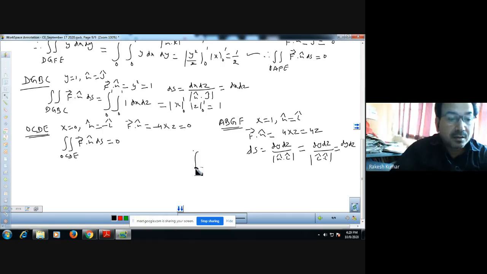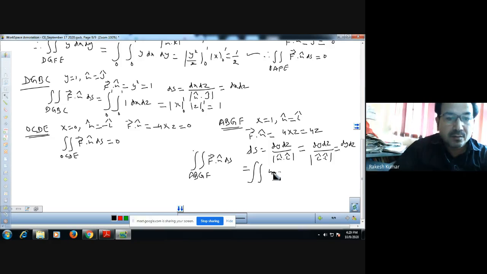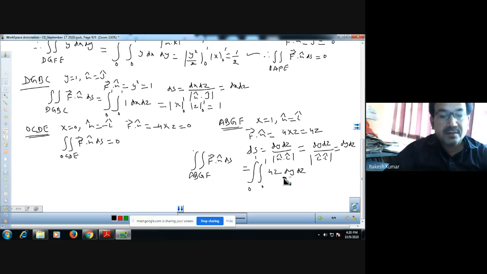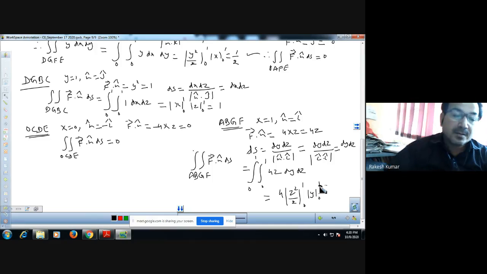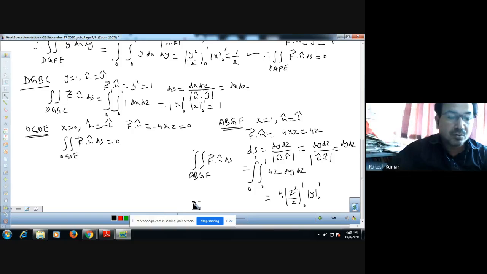Double integral of f dot n cap ds along the face ABGF is the double integral of 4z dy dz within the limits 0 to 1, 0 to 1, because y has limits 0 to 1 and z also has limits 0 to 1. So 4z squared upon 2, 0 to 1, and y 0 to 1. After substituting the limits, you will get 2 here.